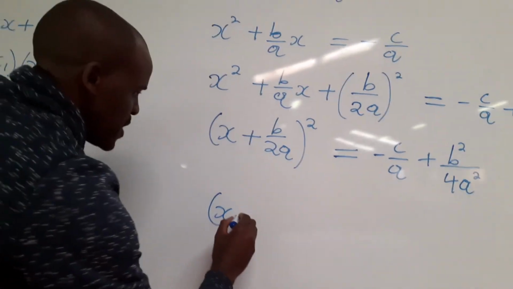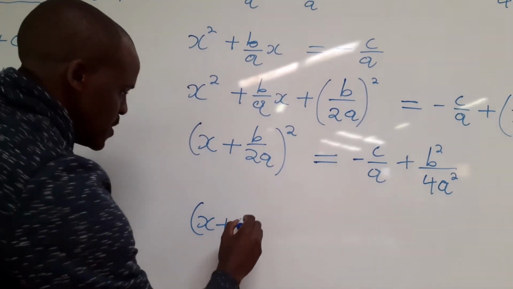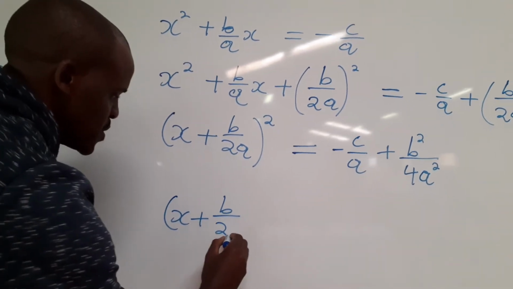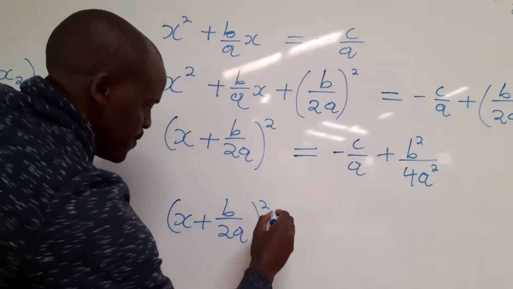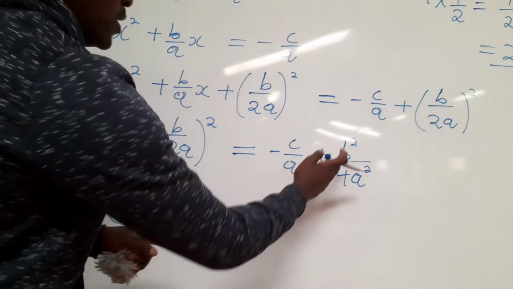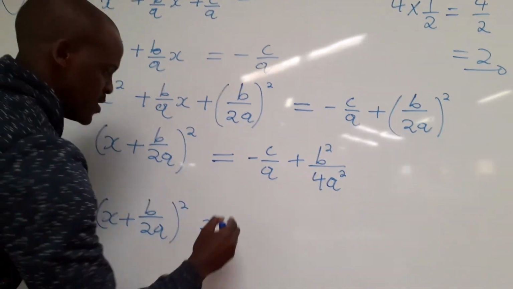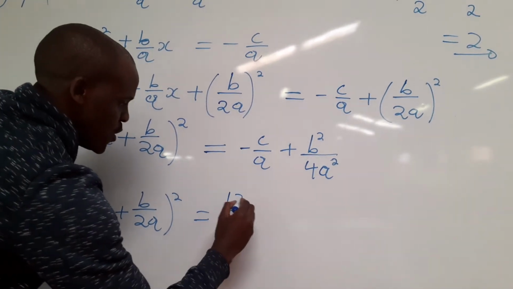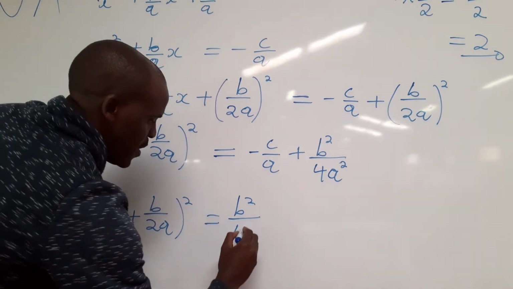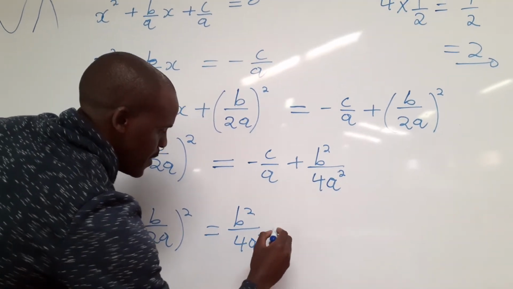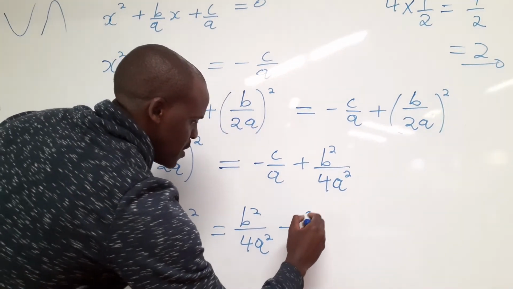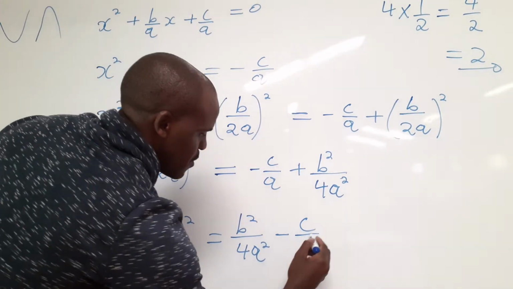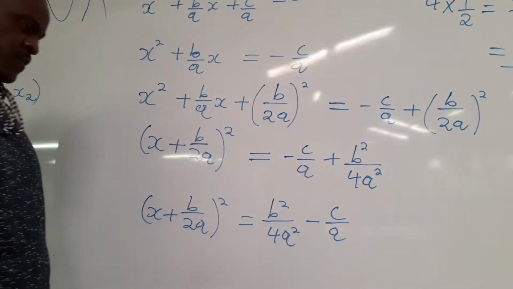Now we have x plus b over 2a all squared, which is equal to, let's write b squared first, b squared over 4a squared minus c over a.